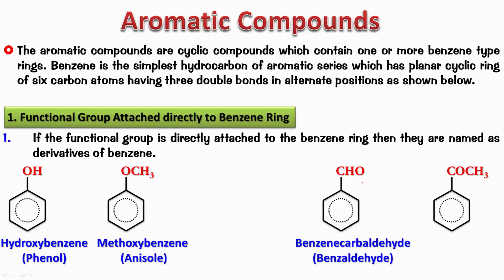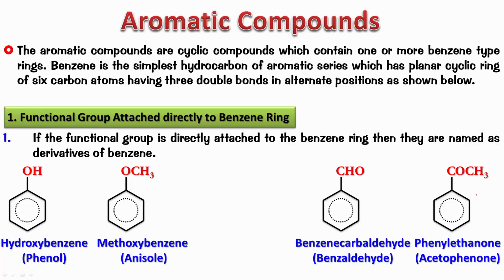Well, it's a ketone, and this is going to be the parent. It's ethanone, and we call it phenylethanone. So this is phenylethanone, also known as acetophenone. That's the common name accepted in IUPAC.